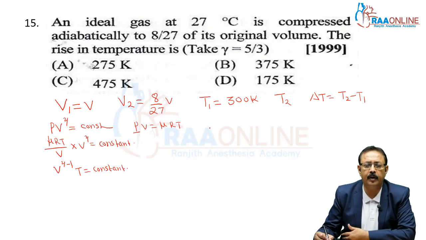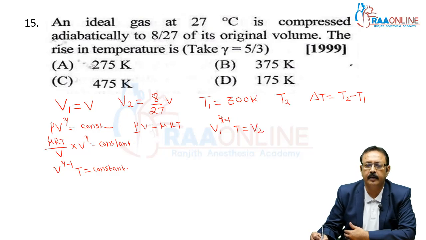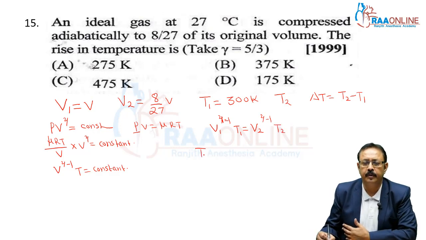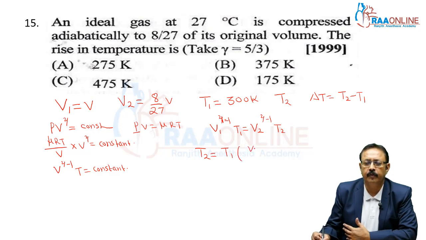So what will happen now? V1 raised to the power gamma minus 1 into T1 should be equal to V2 raised to the power gamma minus 1 into T2. So what is T2? T2 means T1 into V1 upon V2 raised to the power gamma minus 1.